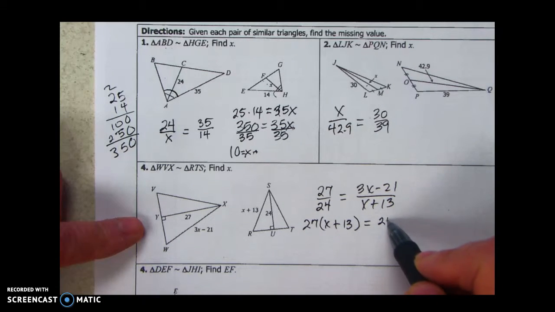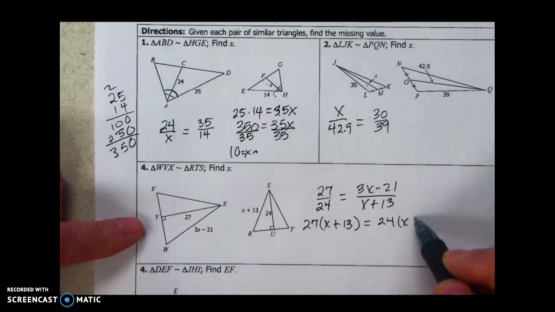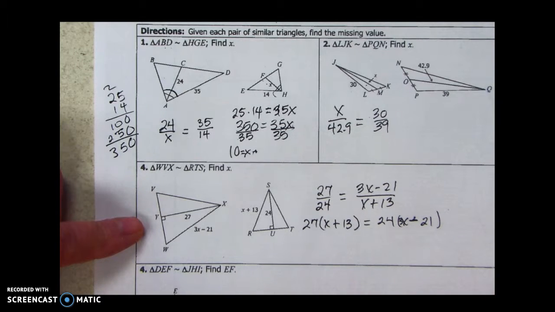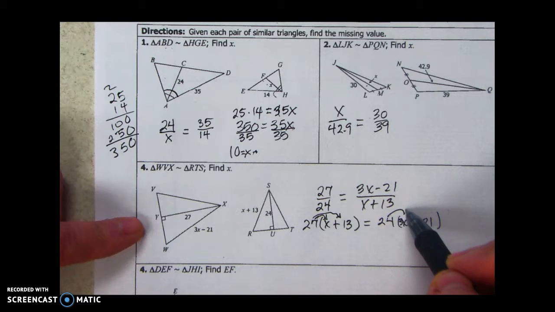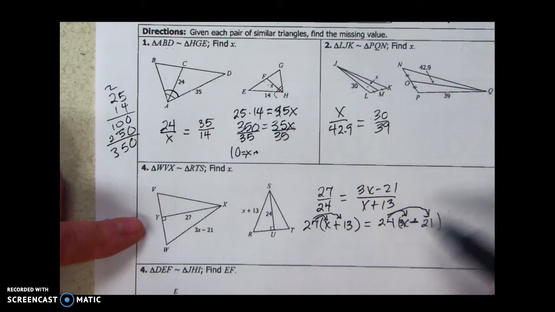And again, put the parentheses, x, 3x minus 21. Then distribute. So don't forget that part. Distribute to that and then to that. Distribute there and then there. Then go through and solve.